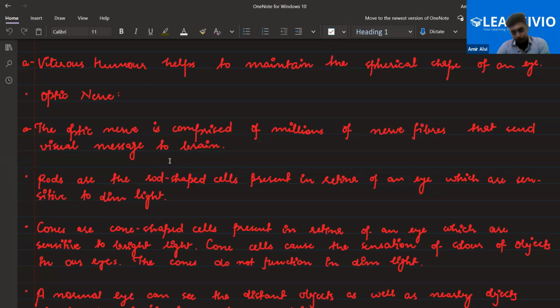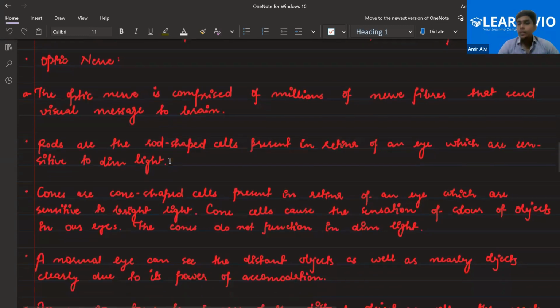Next is the cone shaped cell. As the name suggests, it is a cone, a triangle type thing. Cone shaped cells present in the retina are sensitive to bright light. They get activated once they are exposed to bright light. They also give you the sensation of colors.